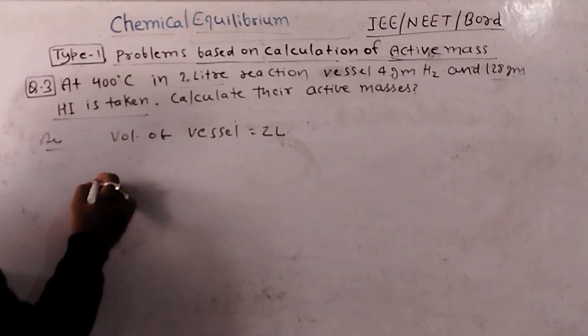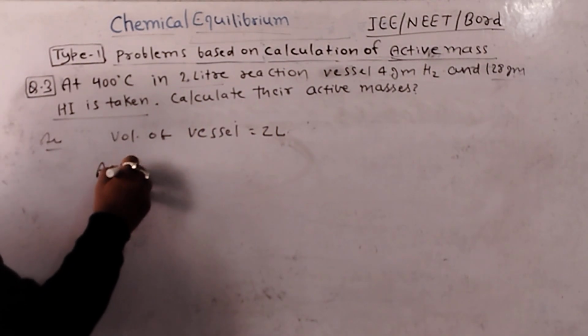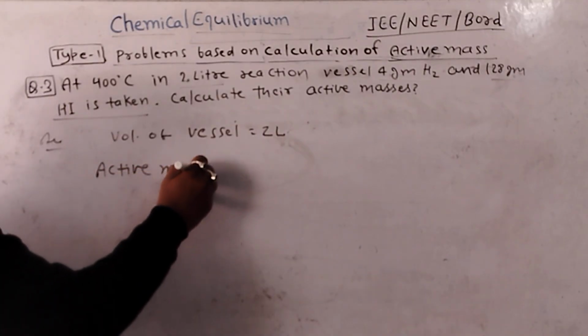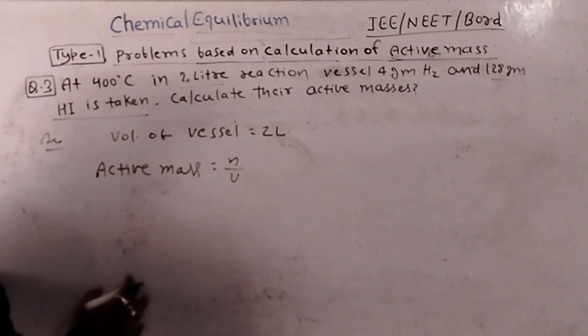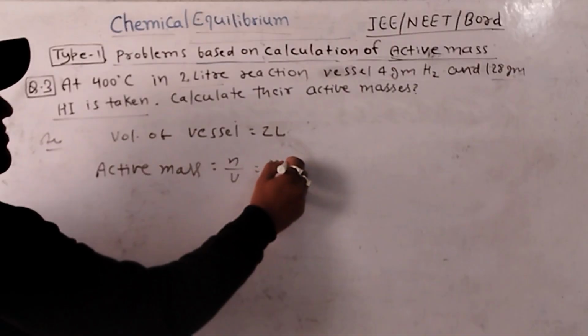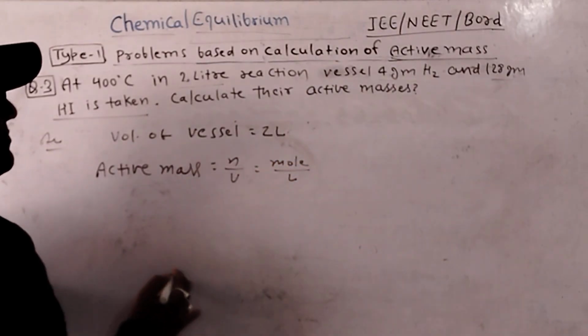Calculate their active mass. For the calculation of active mass, the formula is n by V, unit is mole per liter.